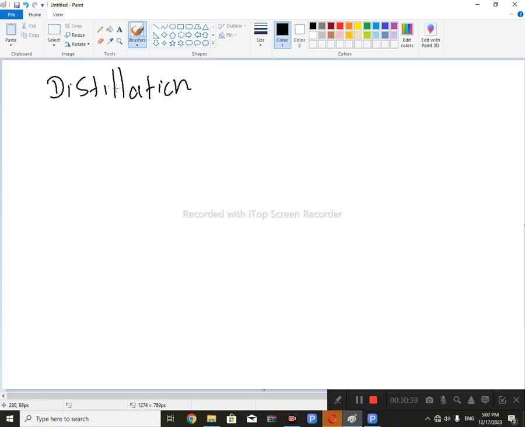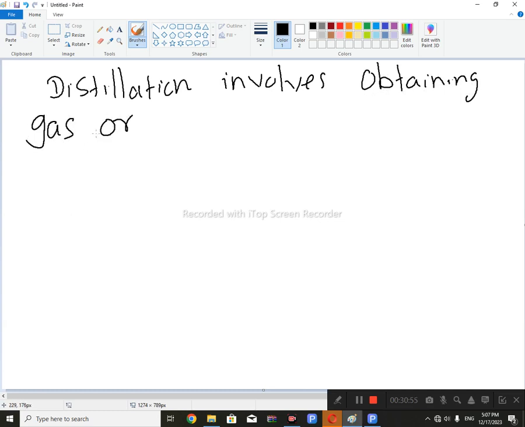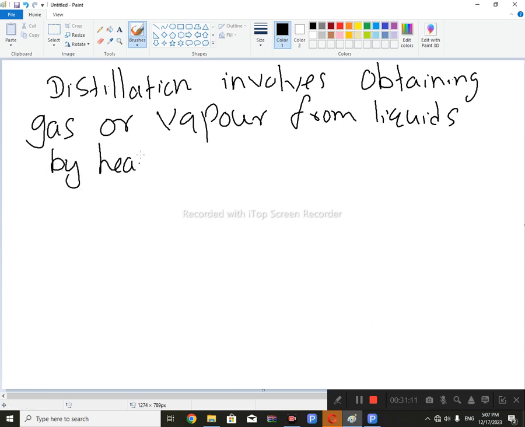Distillation involves obtaining gas or vapor from liquids by heating, then condensing to liquid.